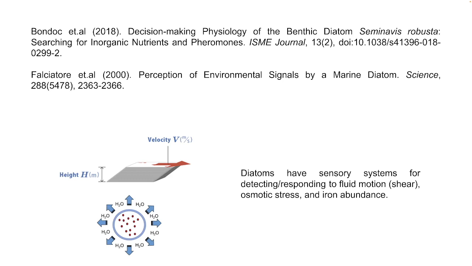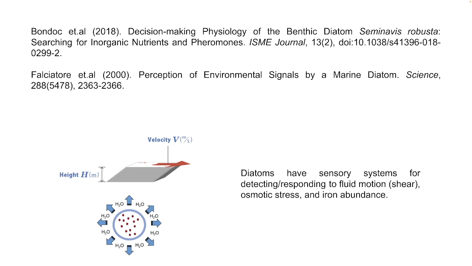This paper by Bondoc, Decision-Making Physiology of the Benthic Diatom, Seminavis robusta, Searching for Inorganic Nutrients and Pheromones, and this other paper by Falciatore, Perception of Environmental Signals by a Marine Diatom. This talks about diatoms having sensory systems for detecting and responding to fluid motion, or specifically shear, osmotic stresses, and iron abundance.